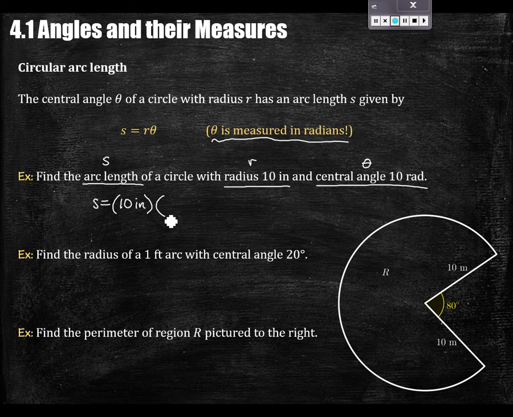S equals R theta. So what does that come out to be? 100 inches. And in case you haven't picked up on this, radians we treat as being unitless. In any of our calculations, we don't write the word radian.